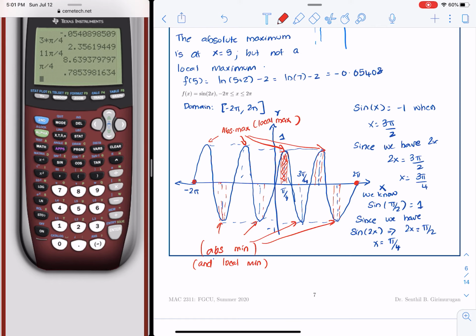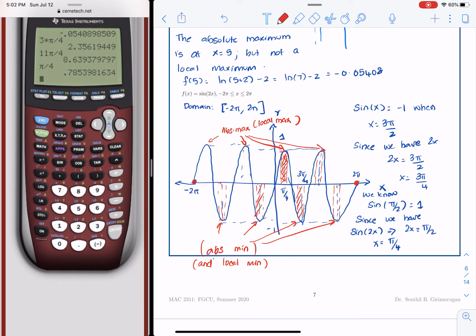We could do the same thing here and the same thing there. So I can form intervals about the point, so I could come up with a local minimum. But what about 2 pi and -2 pi? Could those 2 points be local minimums? No, they are endpoints.